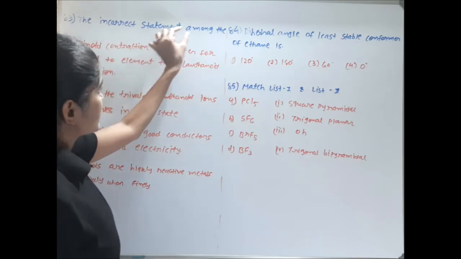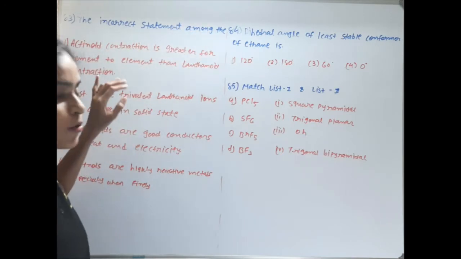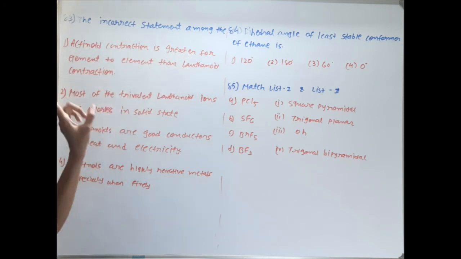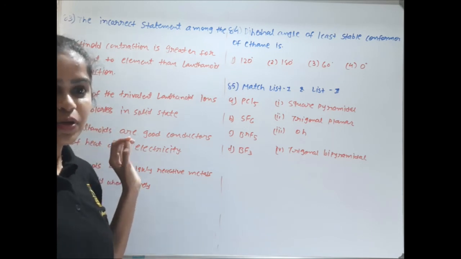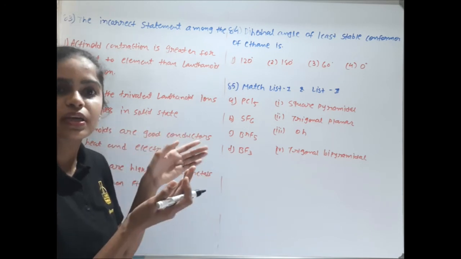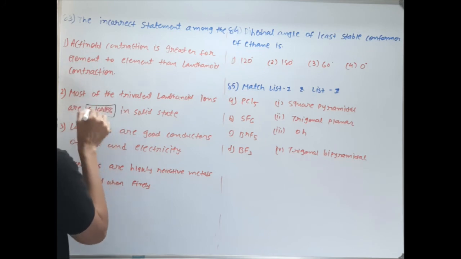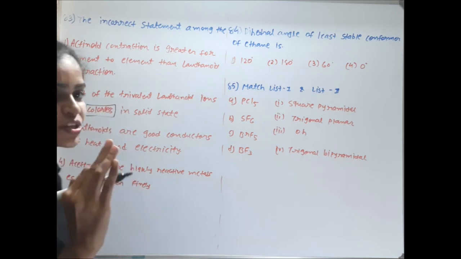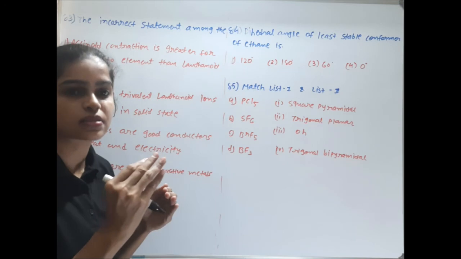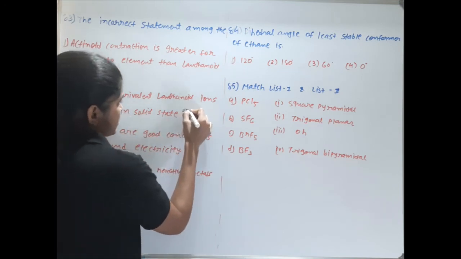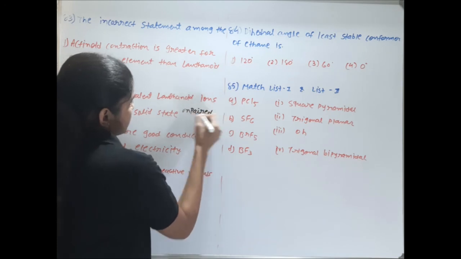The incorrect statement among the following, for the actinide and lanthanide series. First, actinoid contraction is greater from element to element than lanthanoid contraction. Yes, this is right because the actinides are below the lanthanides. Next, most of the trivalent lanthanide ions are colorless in the solid state. This is wrong, because most trivalent lanthanide ions are colored. They give colors in the solid state because of the unpaired electrons present.